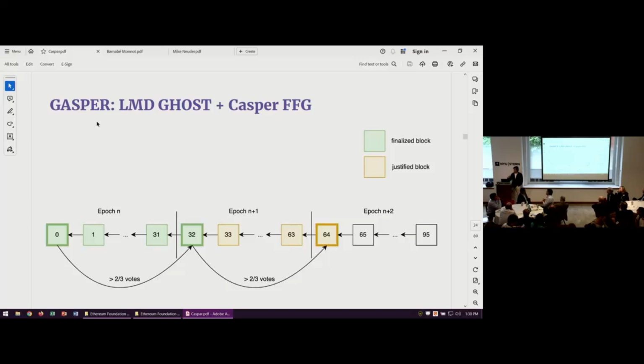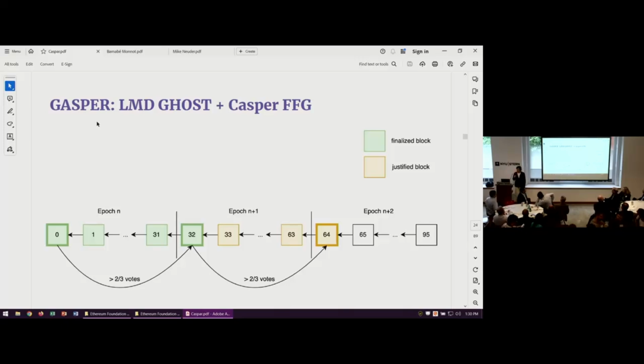People are voting on that block, and at some point you can almost consider it economically final, even though it's technically not yet because of all the votes that this block is already accumulating. And if you make some synchrony assumptions, you already get to similar levels of economic guarantee.